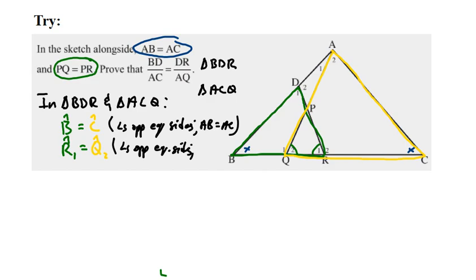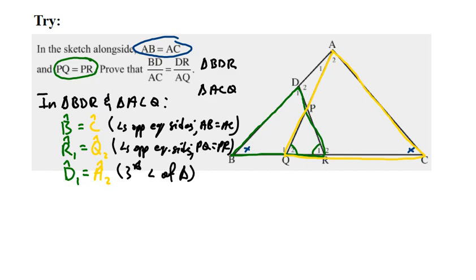And to be clear, I will tell the marker that I'm aware of the fact that PQ is PR. Then the obvious is that which was not mentioned above: angle D1 in the green must be equal to angle A2 in the yellow. Our reason here is third angle of a triangle.